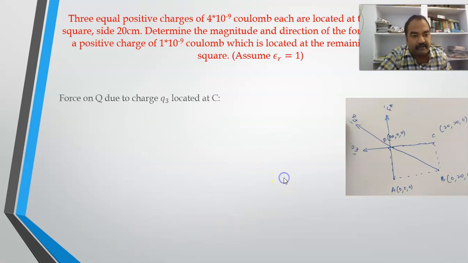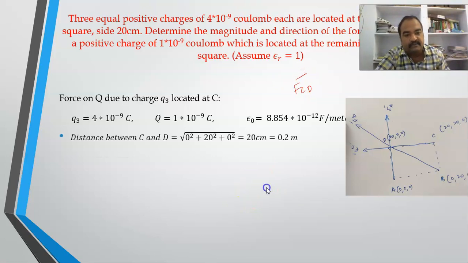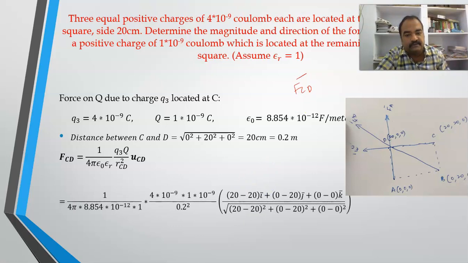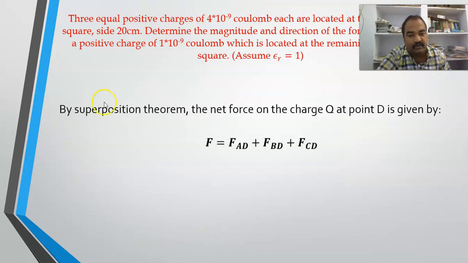Similarly for FCD, it is again somewhere around 0.9 micronewtons, but the direction, see here, is minus j. Now what you are supposed to do is add all these forces. As I already said, Coulomb's law satisfies the superposition theorem.